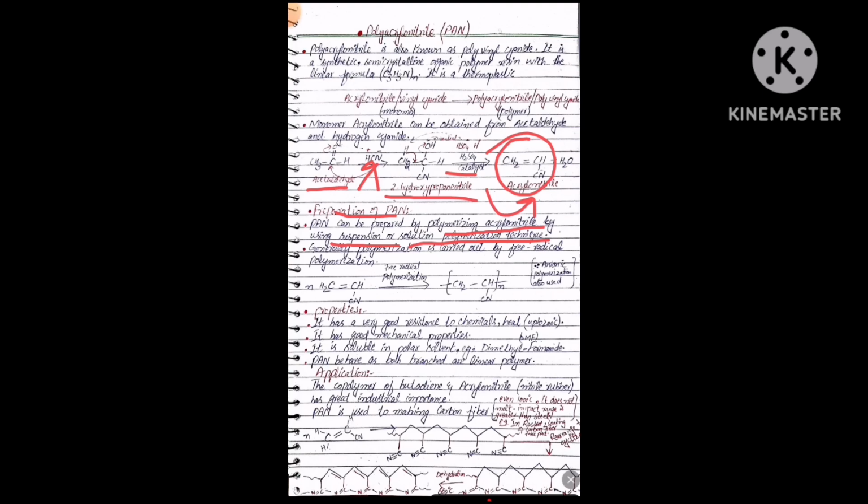Generally, polymerization is carried out by free radical polymerization. The question may be asked, which type of polymerization takes place for the preparation of PAN? It may be free radical polymerization. Which type of technique is used? It is suspension or solution polymerization techniques.